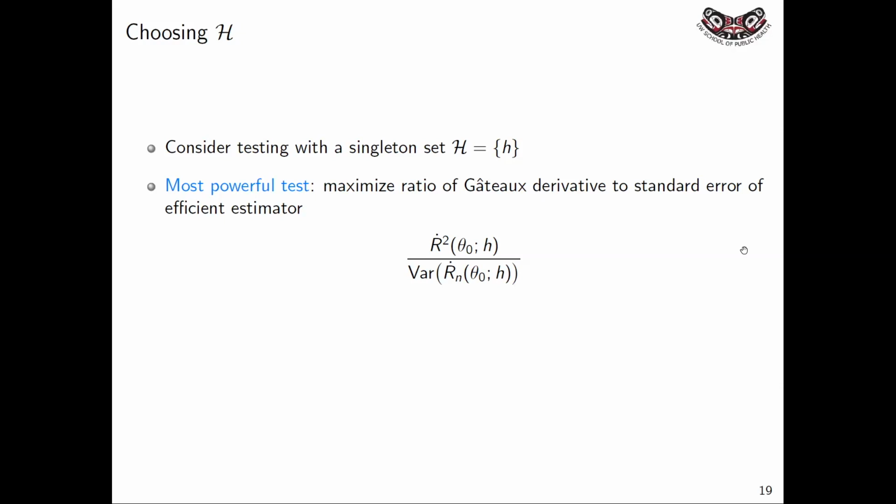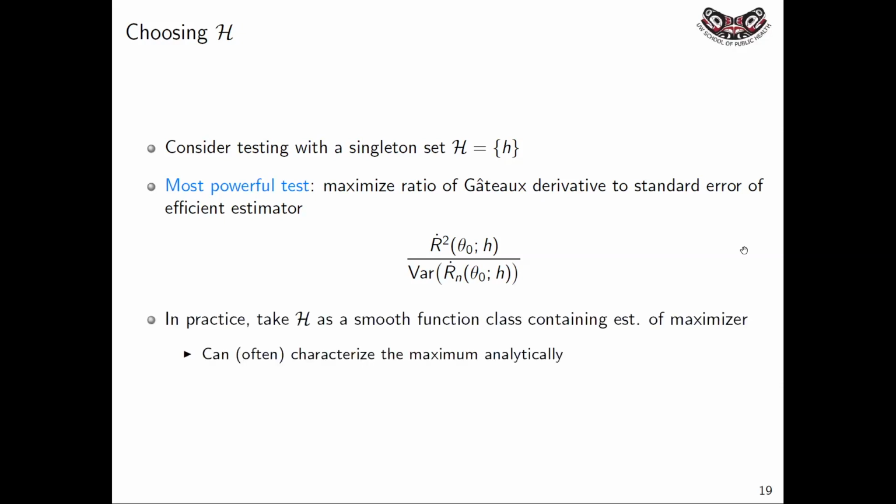So we try to expand this idea, and because we don't know what the appropriate h is, we have to use a data-driven approach to find the right h. So we take the h to be a smooth function class that contains this maximizer, basically a set of maximizers. And the good thing about this, and what makes this work, is that we can often characterize this maximum analytically. So we could get this form of function h.